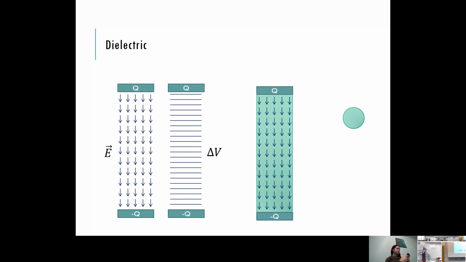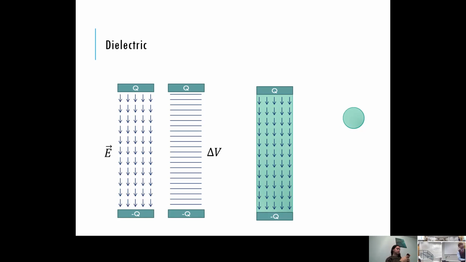Over on the right-hand side here, I have a little blob that is supposed to represent an atom of that insulating material. And when you take a material and you expose it to an electric field, what are the electrons and/or nucleus going to do?